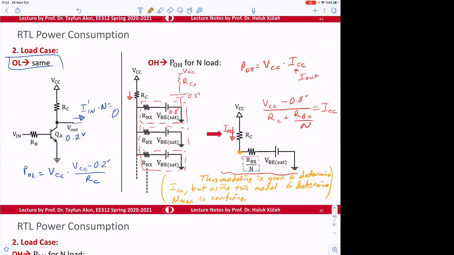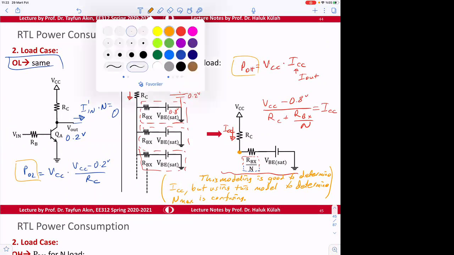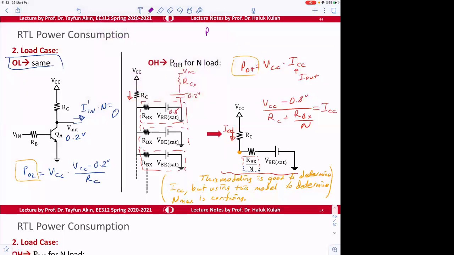Okay, so here we find V output low, V output high, and then we still take the average. You know, we can say that eventually P average is equal to P output low plus P output high divided by 2, 50% usage.